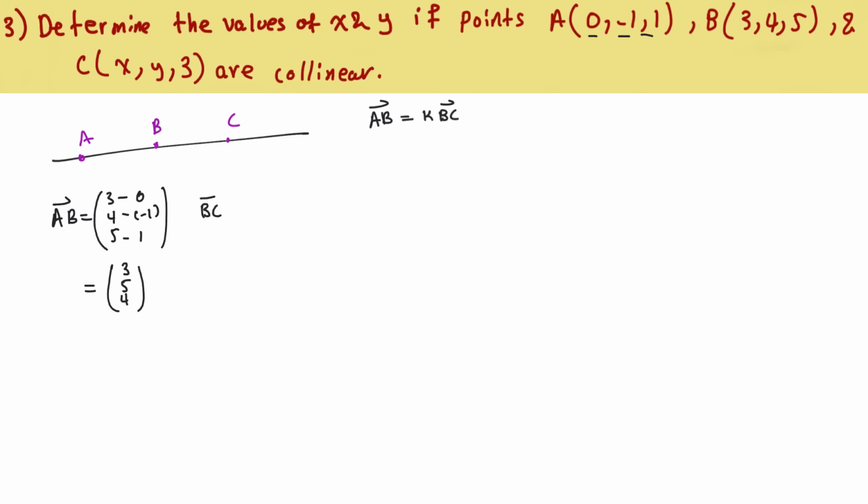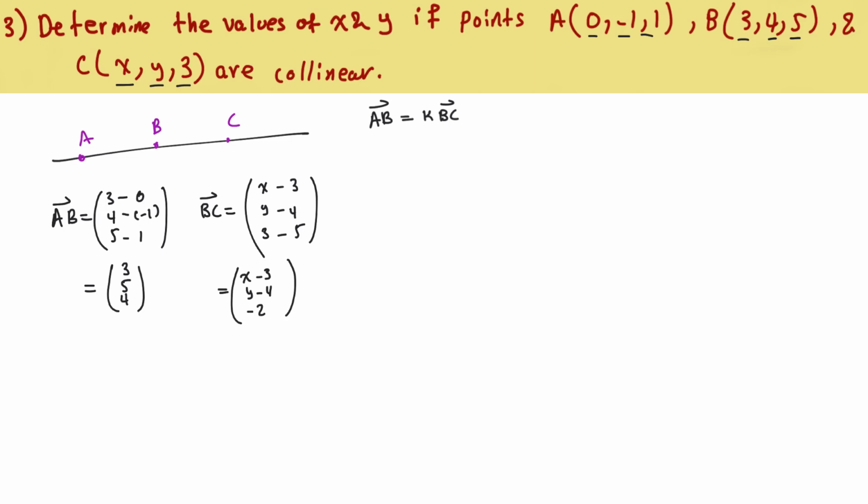Vector BC is going to equal the x, y, and z coordinates of point C, those are x, y, and 3, subtracted by the x, y, and z coordinates of point B, which are 3, 4, and 5. This is going to equal x minus 3, y minus 4, and negative 2.